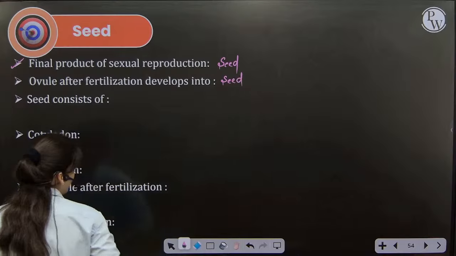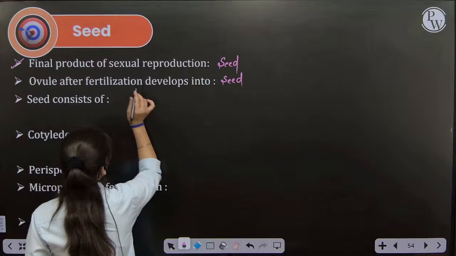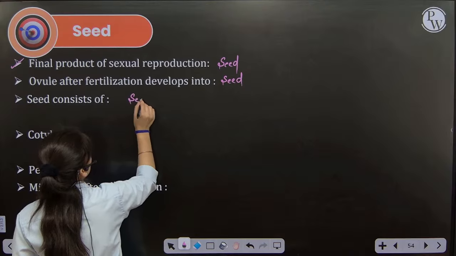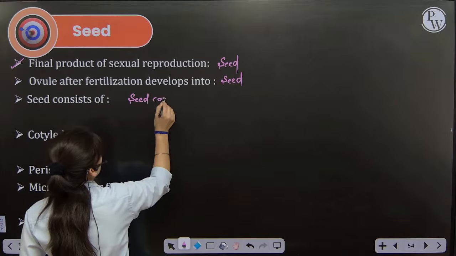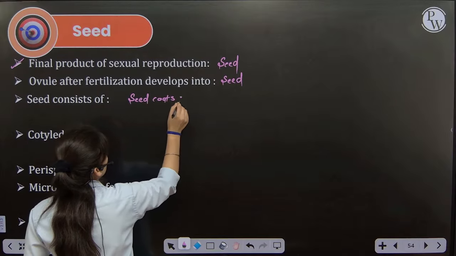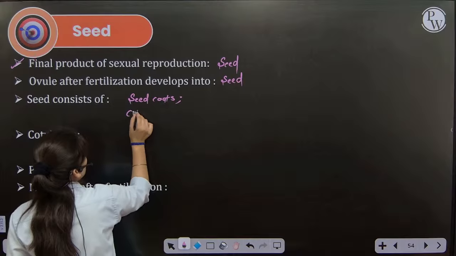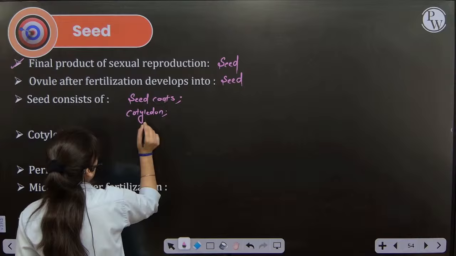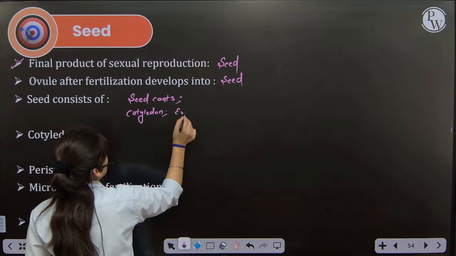Seed consists of seed coats, cotyledon, and embryonal axis.